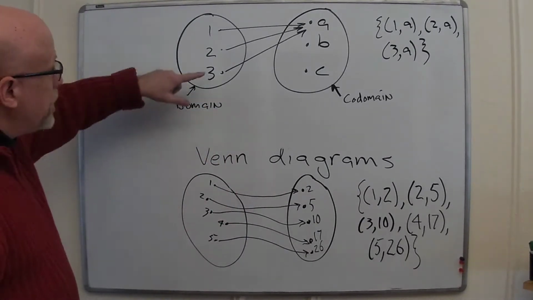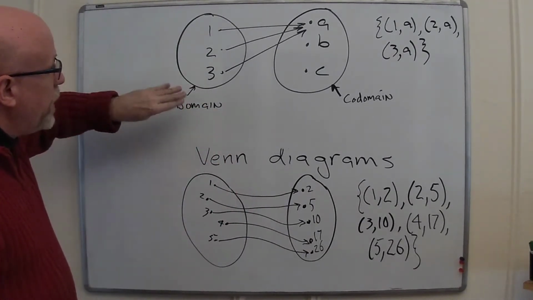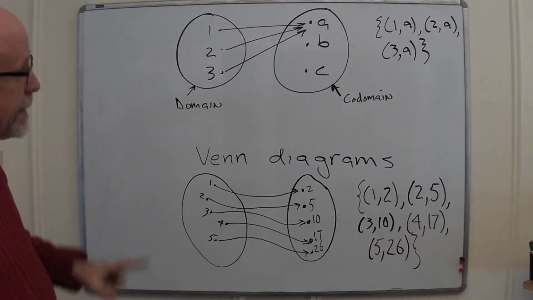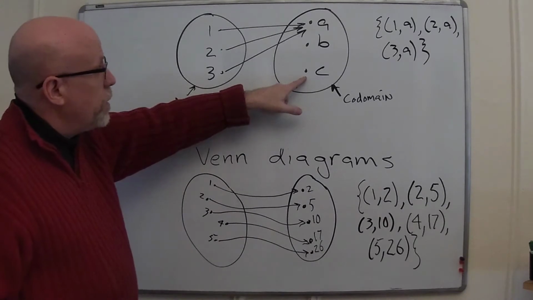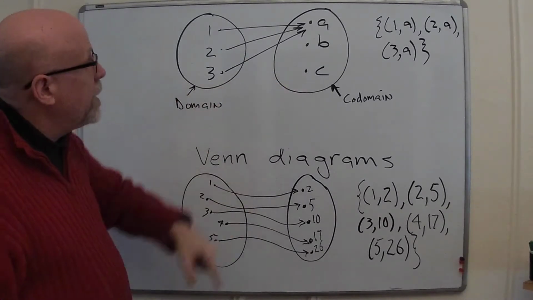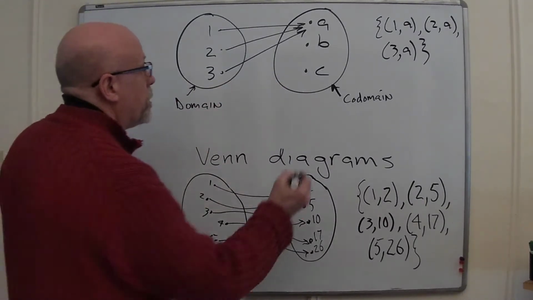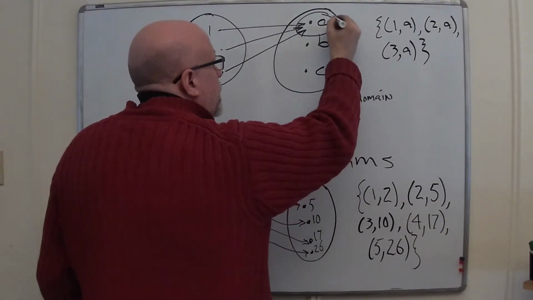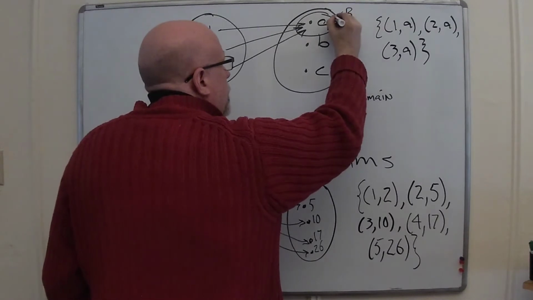If it's going to be a function, every single thing in the domain has got to have an arrow leaving it, and this is fine, it does that. It's not the case that everything on the codomain has to have an arrow landing on it, and the things that do have an arrow landing on them, in this case it's just the letter A there, that's a set, and that's the range.